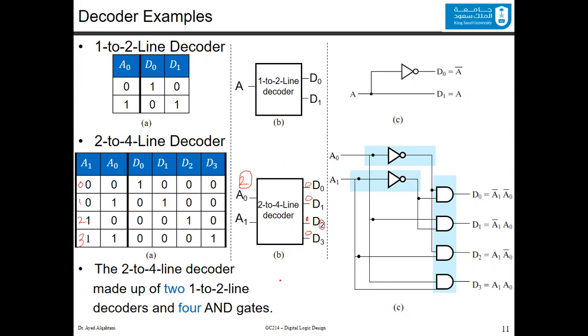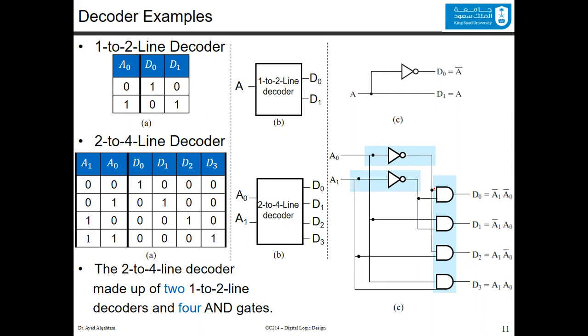To draw the block diagram, we generate the minterms simply by having 4 different lines, 2 for A0, where one line is the normal A0, and one line is the A0 after inversion. Similarly for A1, a line after the inversion, and the line where you have A1 in a normal way.